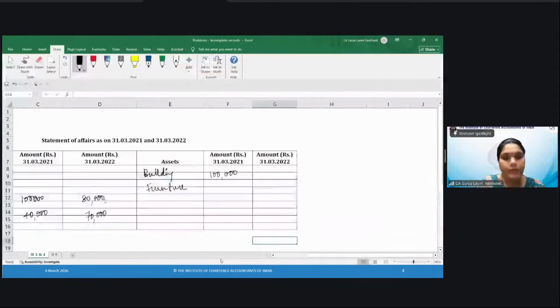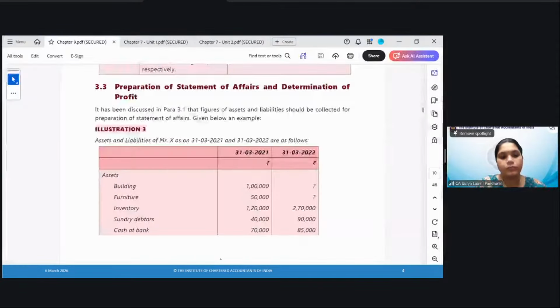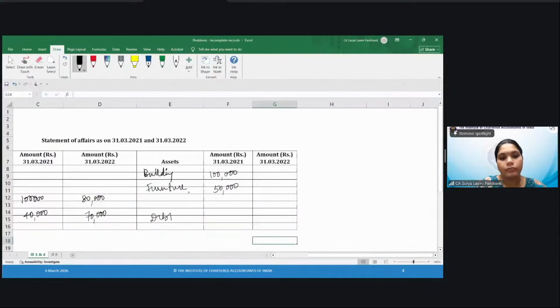Calculate these two values. 97,500. Did you remove depreciation correctly? Those who are giving the answer, please check again. 97,500. Okay. Furniture is 45. So this is after removing the depreciation.